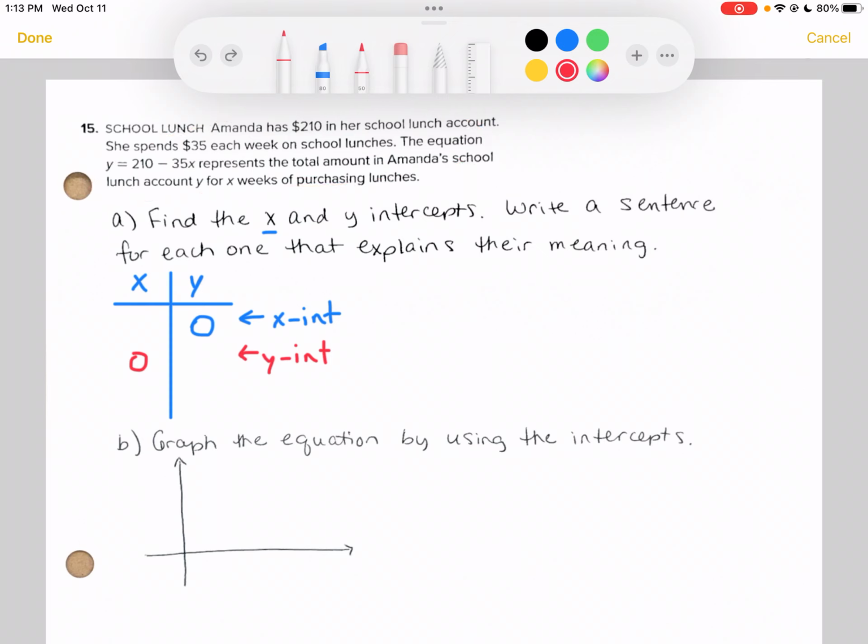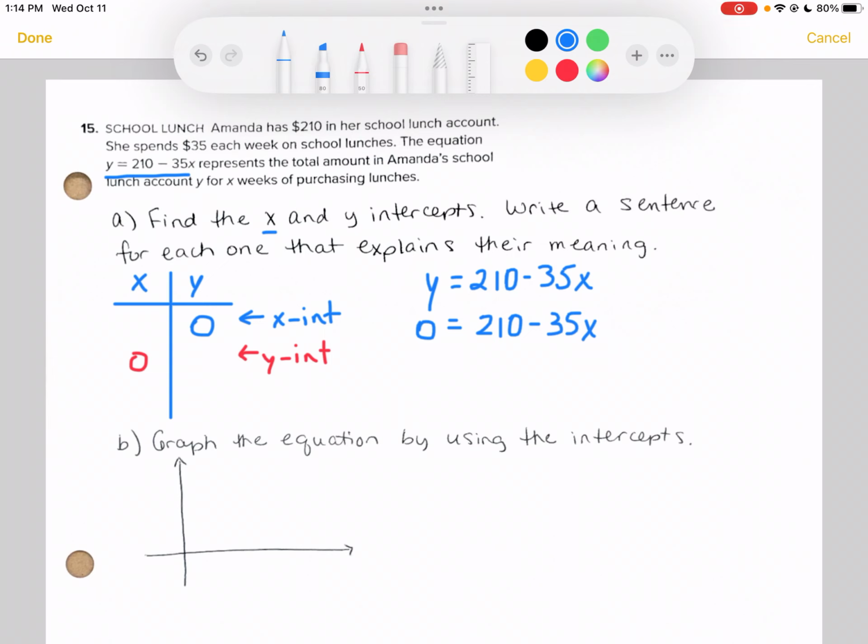If I'm trying to find the x-intercept first, I'm going to take this equation and plug in 0 for y, just like it says right there. This is probably the harder of the two, because you actually have to solve a two-step equation.